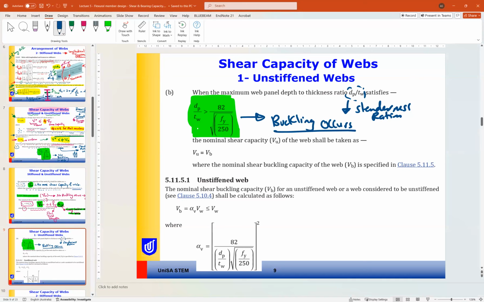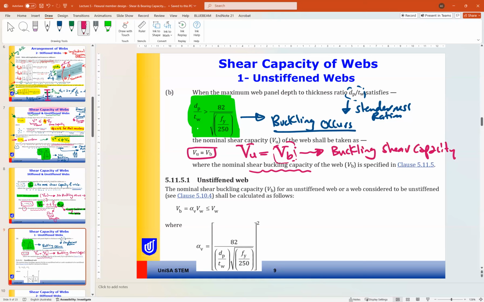if buckling occurs, this means that our ultimate shear capacity, sorry, our uniform shear capacity VU equals VB. VB here, instead of the yielding shear capacity, is called the buckling shear capacity.